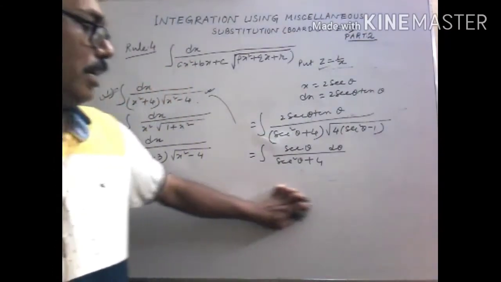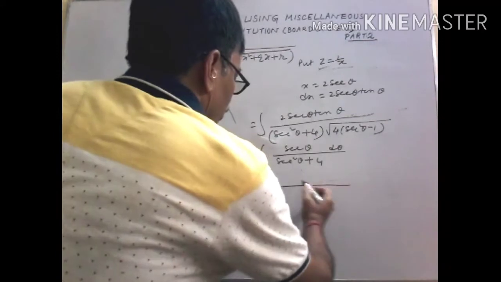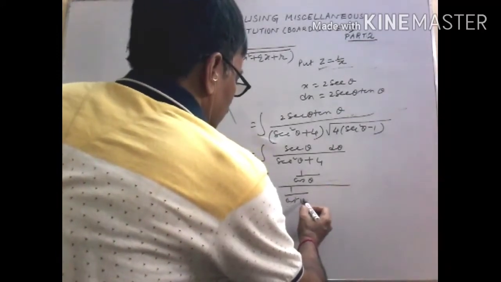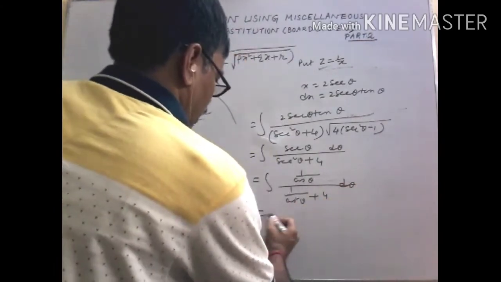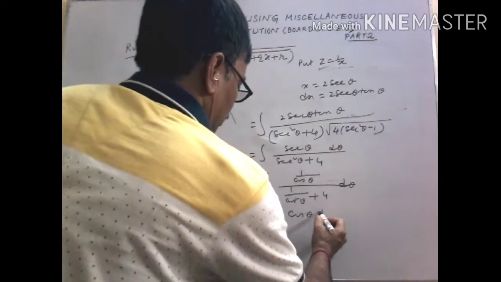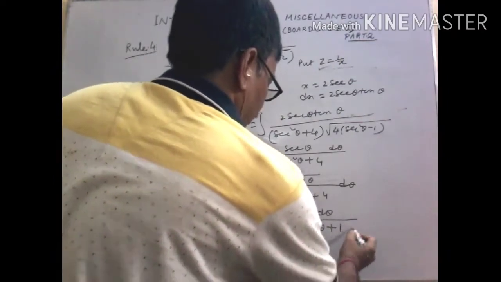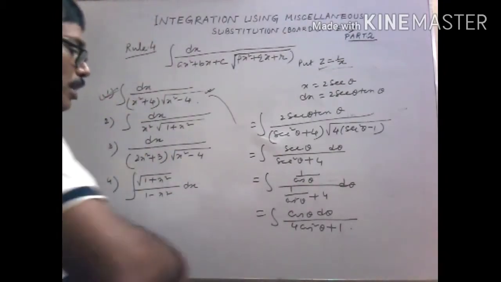So we are getting the integrand in this form. Now writing it in terms of cos, 1 by cos theta, this is 1 by cos square theta plus 4 d theta. So finally what we are getting is cos theta d theta by 4 cos square theta plus 1.